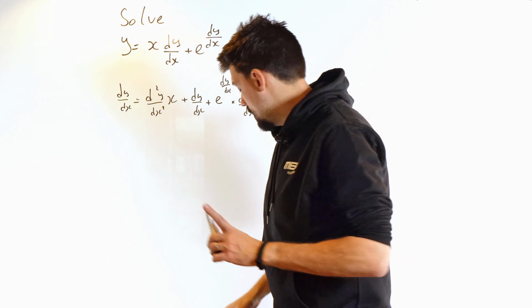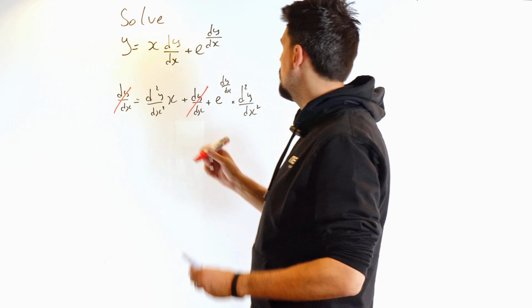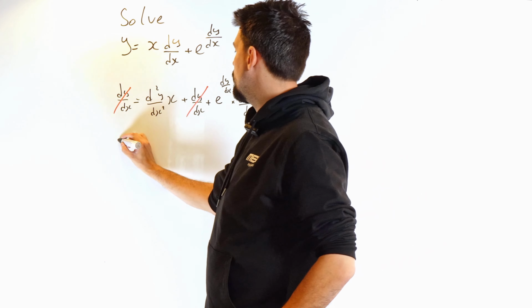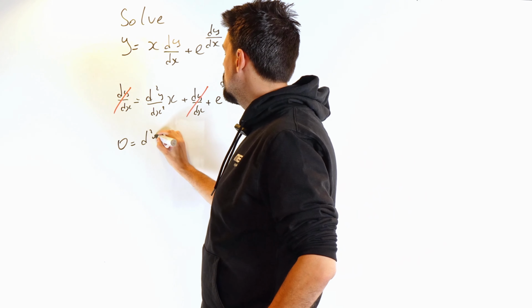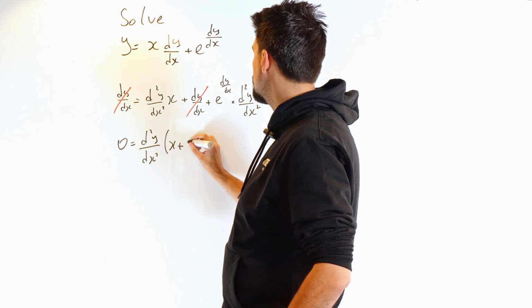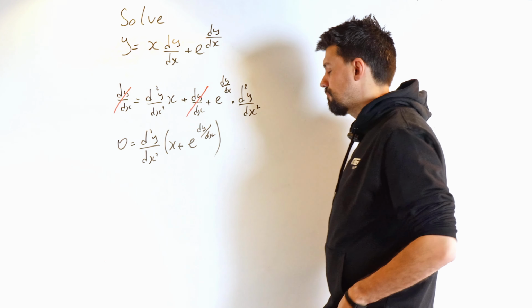Okay, now what's nice about this, and I was very happy when I saw this happen, is that we're left with 0 equals d2y dx squared times x plus e to the dy by dx.